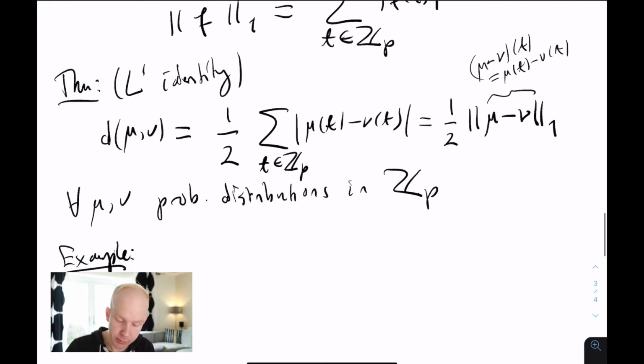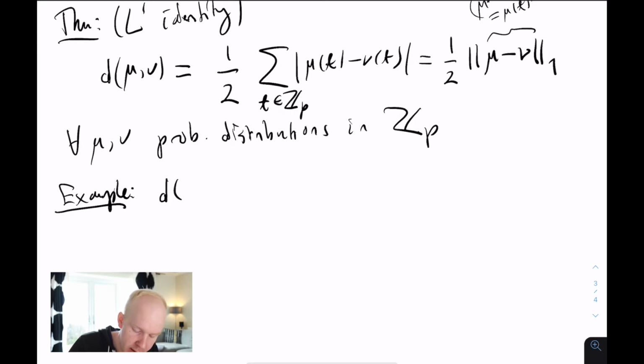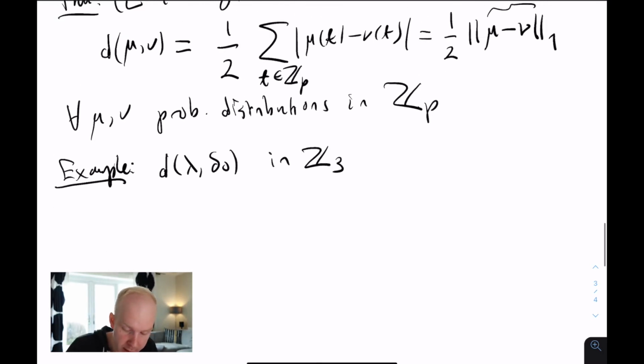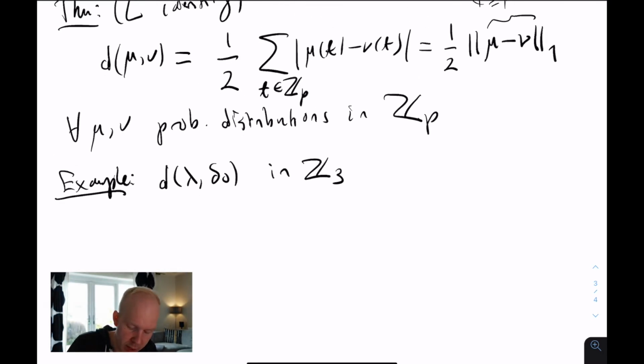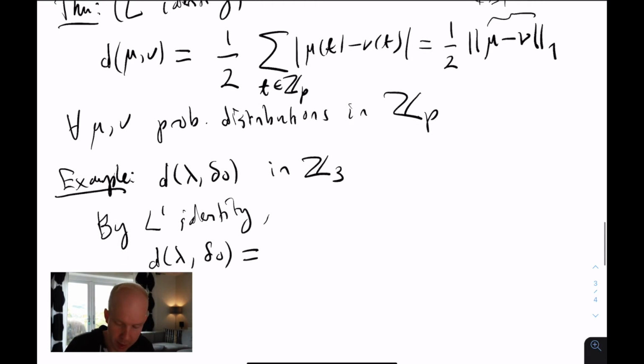So let's give an example. This example was the distance of lambda and delta 0 in Z3. So basically now we can just go through it. By the L1 identity, we have that this total variation distance, which would be difficult to compute, you just take a half of what you sum over the group Z3.